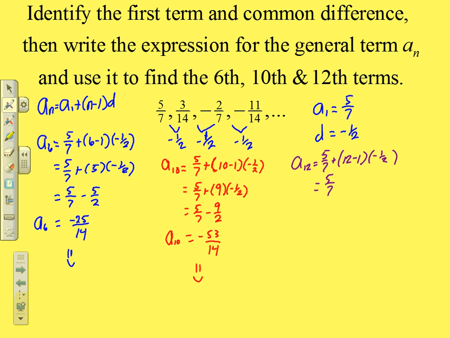In the parentheses I get an 11. 11 times negative 1/2 is negative 11 over 2. Again, the common denominator is 14, and in this case I get a negative 67 over 14. So there is the 12th term of the sequence.